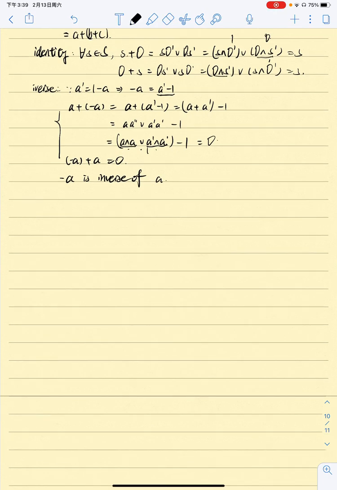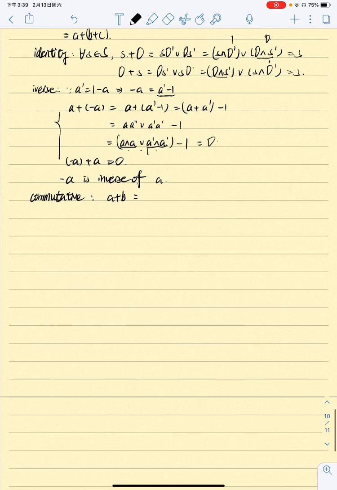And last commutative. This commutative is very easy. A plus b equal to b plus a. We want to show this. Okay. For a plus b means a b prime or b a prime.